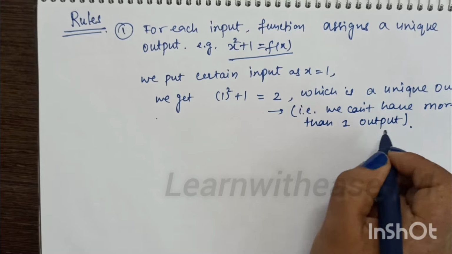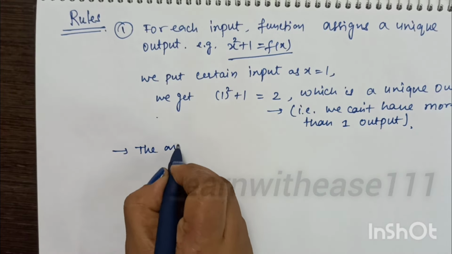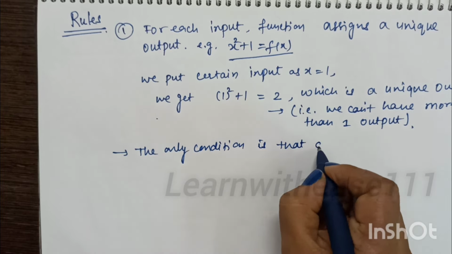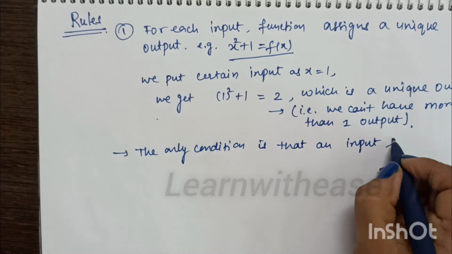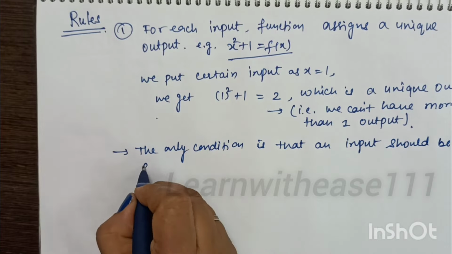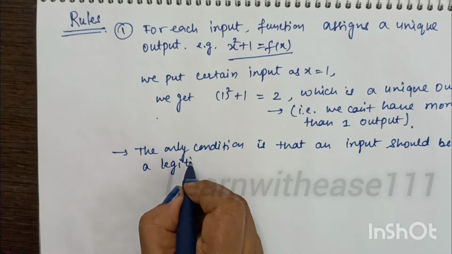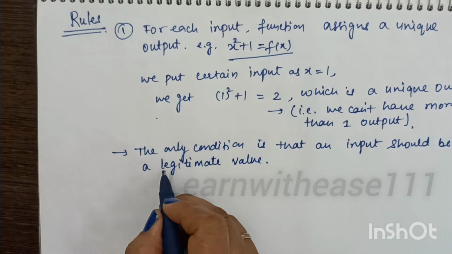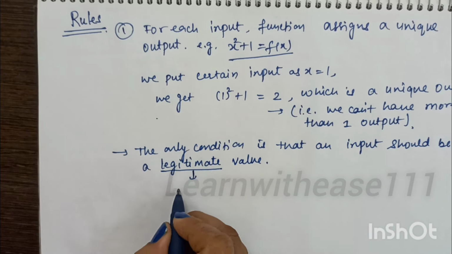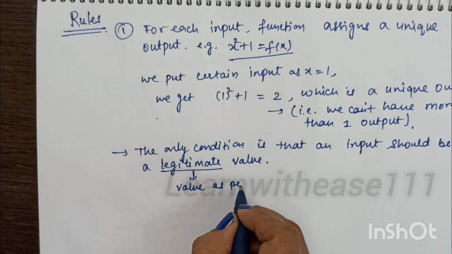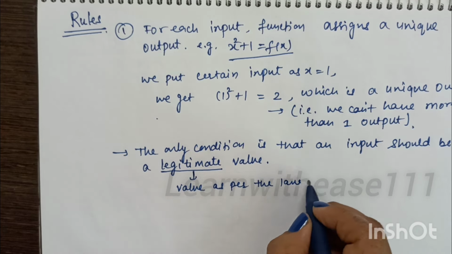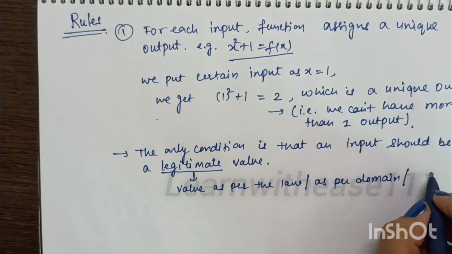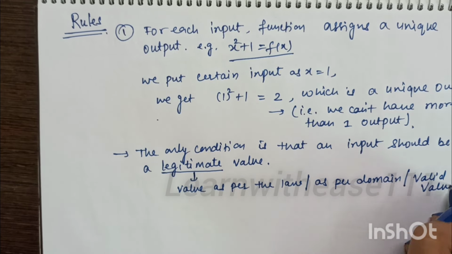For each input we must have a unique output, and the only condition here is that the input should be a legitimate value. Legitimate value means the value should be as per the law, as per the domain of the function, meaning it should be a valid value. You cannot take any value as input, right? It should belong to the domain of the function. How to find the domain of the function we'll discuss.